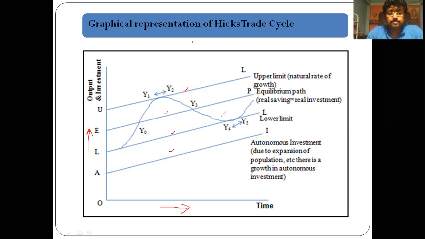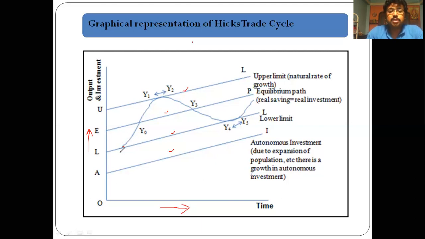Now suppose the income increase starts from point y0. It starts from here, and here is an innovation.